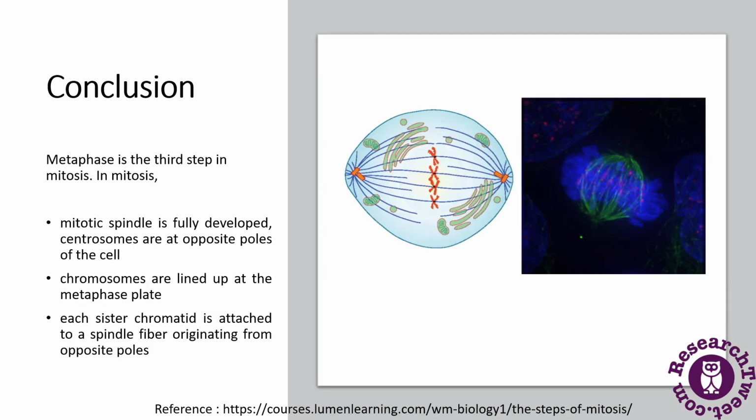This is a diagrammatic representation of the cell in the metaphase phase, in which the spindle fibers are attached to the chromosomes, and they are lining up in the middle of the cell at the equator. In this slide we conclude that it is the third step in mitosis, because first is the interphase, second is the prophase, and third is the metaphase.